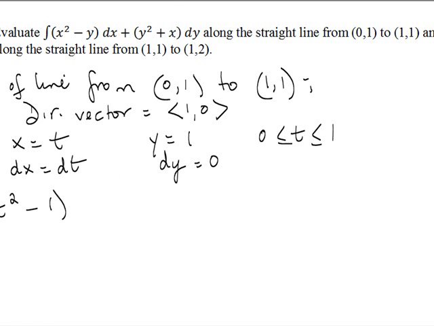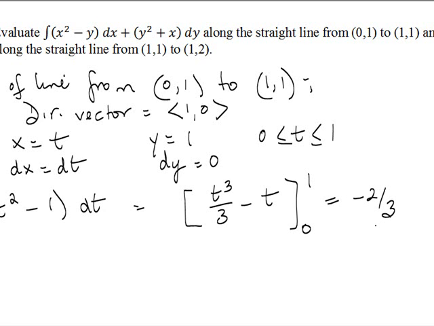Now dy is 0, so that cancels out the second one, so that is just dt, which is t cubed over 3 minus t from 0 to 1. And that leaves us with negative 2/3. Okay, next line.